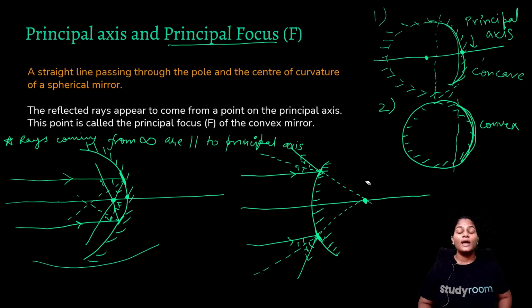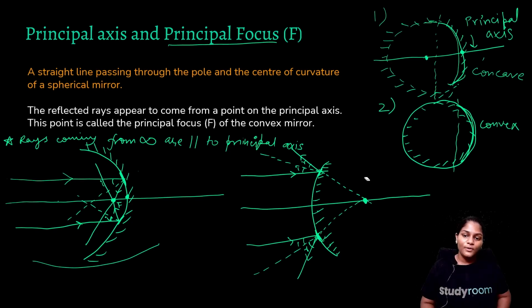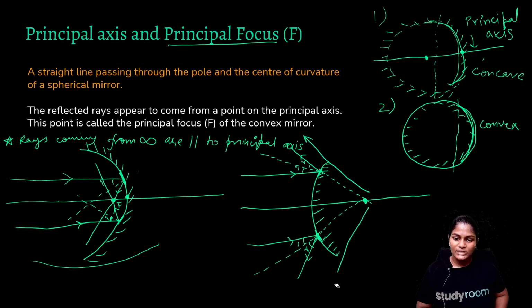So now do you see? Now what does diverge mean? Converge means to meet. Diverge means going in different directions. So from this principal focus, this point, doesn't it look like these reflected rays are going outside? Look at this line going like this. This is the reflected ray. This dotted line going like this is the reflected ray.